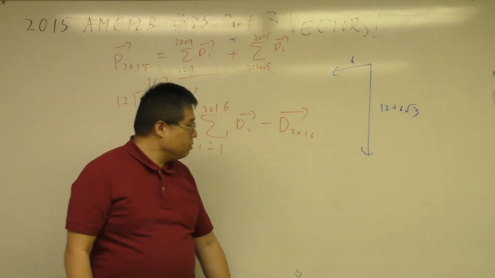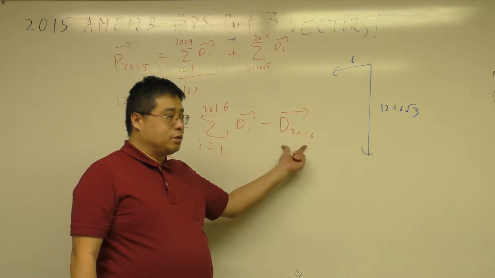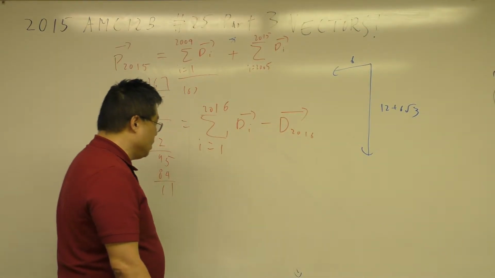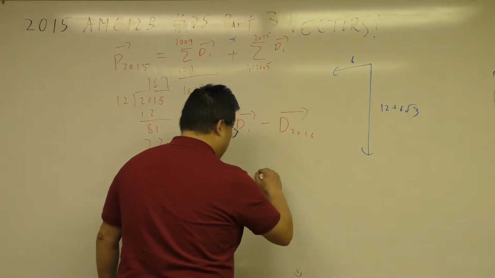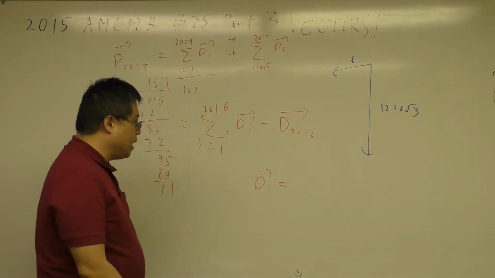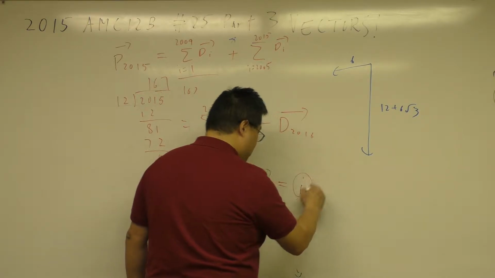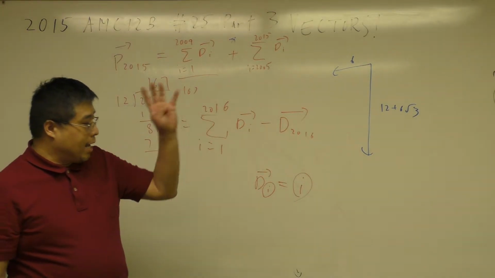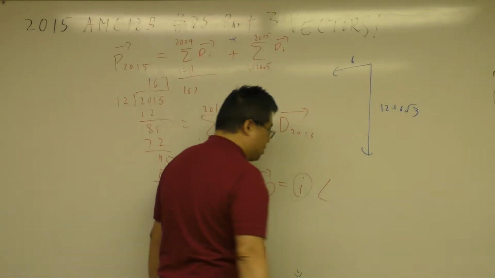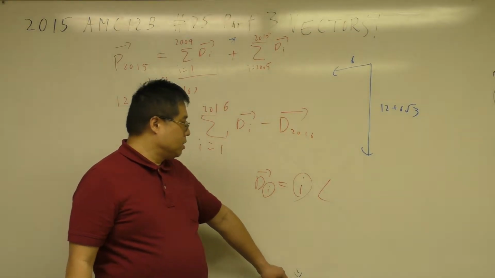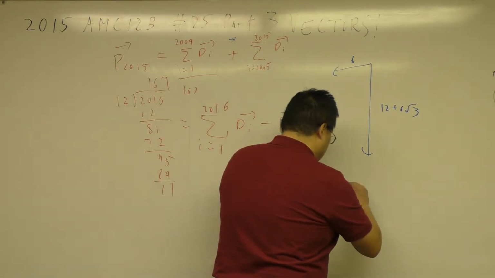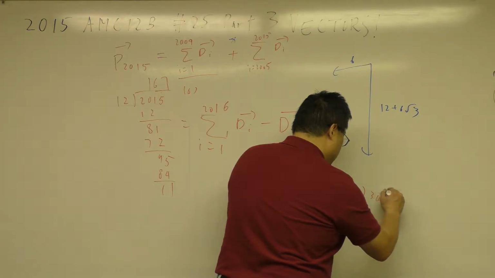Now we do need to properly write down how the d vector looks. So that d_i vector has the magnitude of i, whatever that is, that's the magnitude. And the angle that it's pointing towards, I'm going to just write this in angle notation, is equal to (i minus 1) times 30 degrees.